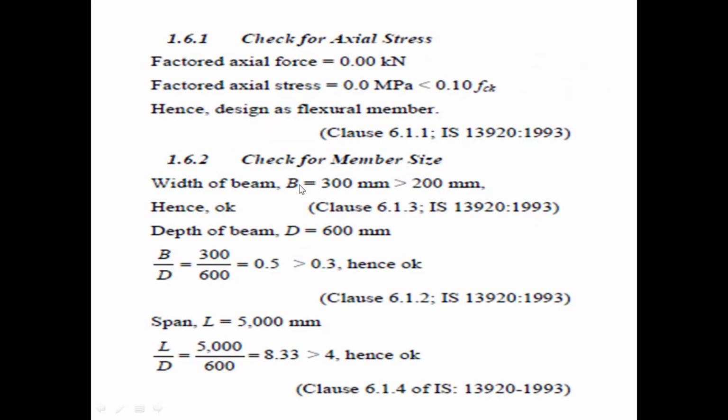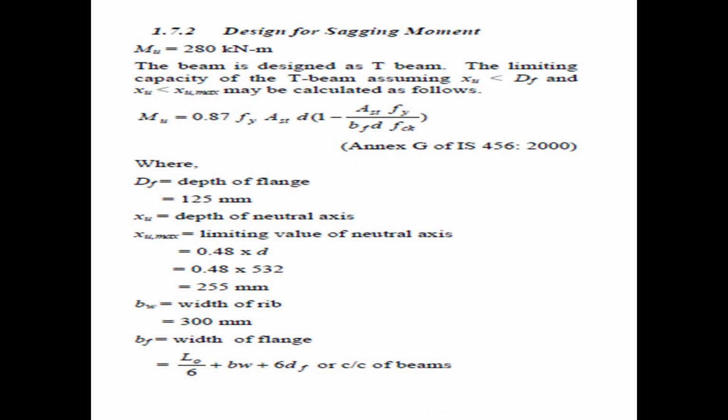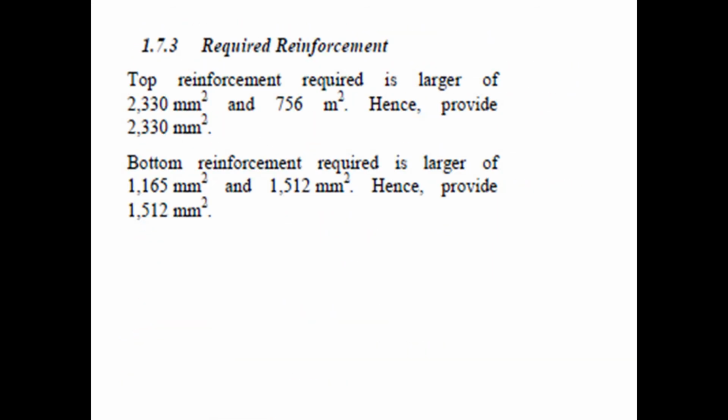For this you can refer to SP16. Based on that code you can easily calculate and design your beams. This type of numerical is also asked in your examinations, along with the option of static analysis of IS 1893, that is the lateral load calculations.